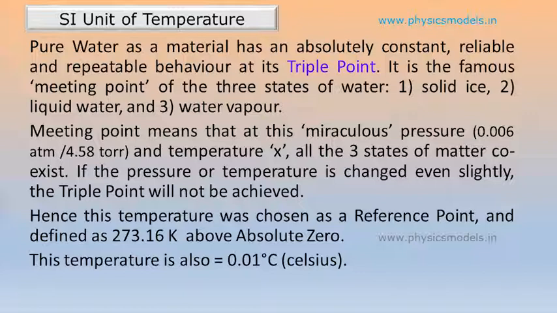If the pressure or temperature is changed even a little bit, we will either get an ice and water combination, or a water and vapor combination, or an ice and vapor combination. But for all three things to exist together, we have to achieve this precise pressure and temperature. Therefore, this temperature was chosen as a solid reference point and defined as 273.16 Kelvin above absolute zero.